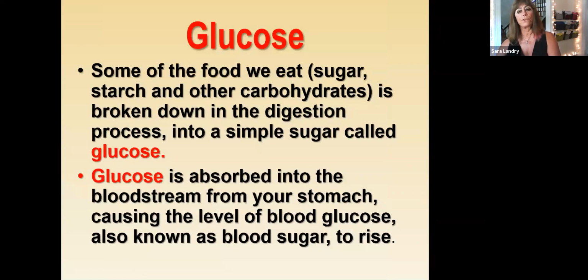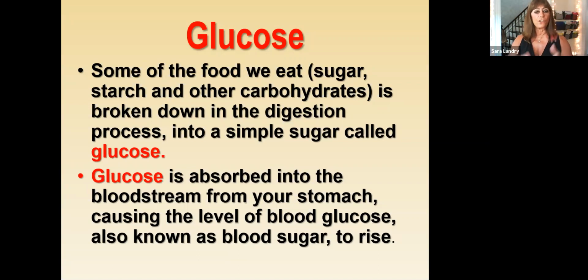Some of the food we eat, sugar, starch, and other carbohydrates, when you eat them, it's broken down in the digestion process into a sugar. It's a simple sugar, and it's called glucose. Glucose is absorbed into your bloodstream from your stomach.